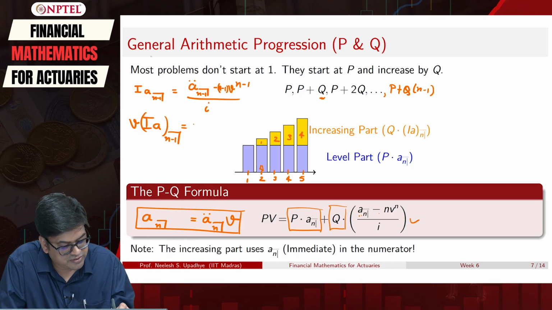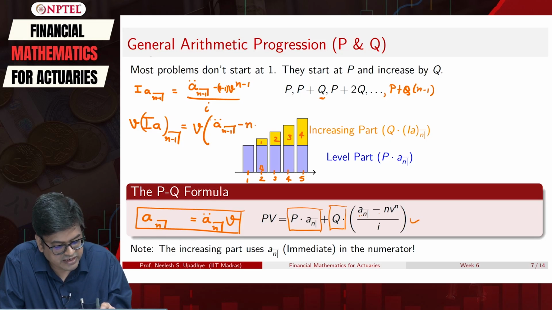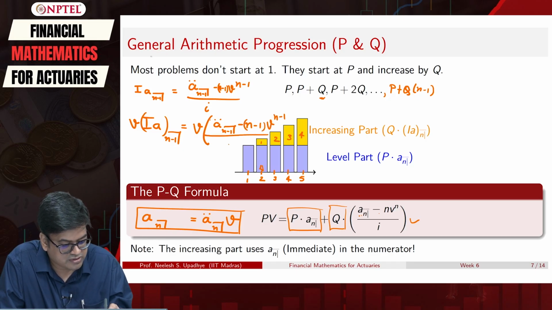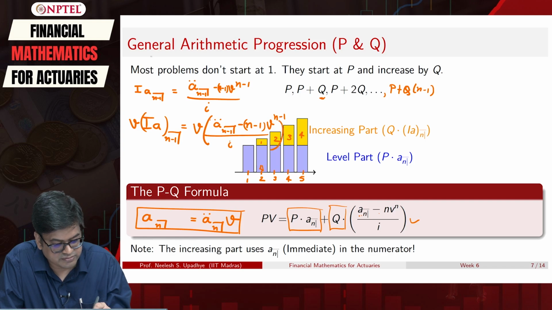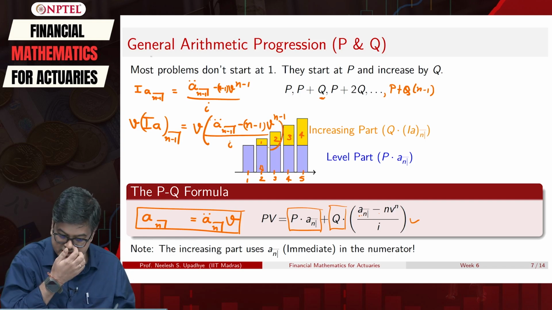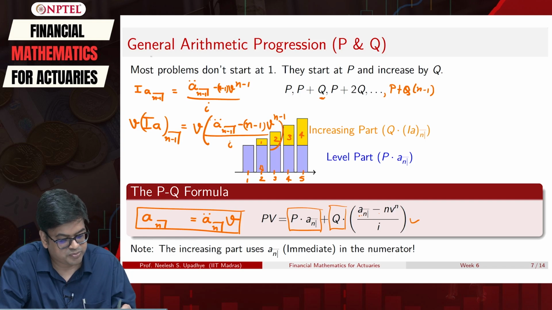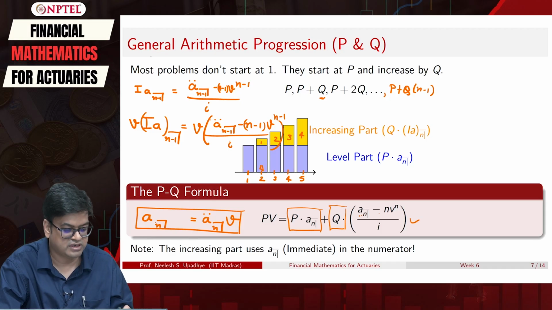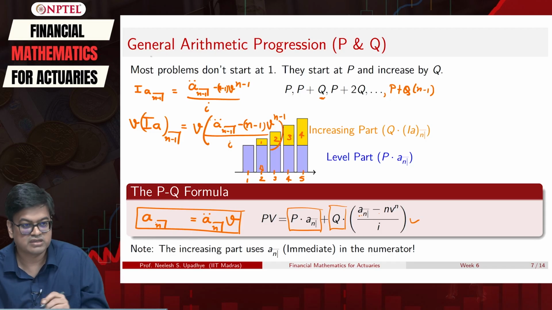So, that will be v into this ä n minus 1 minus (n minus 1) into v raised to n minus 1, okay, upon i. How will I settle this now? So, I will simply push this v, I will use this relationship and I will bring the v over here.